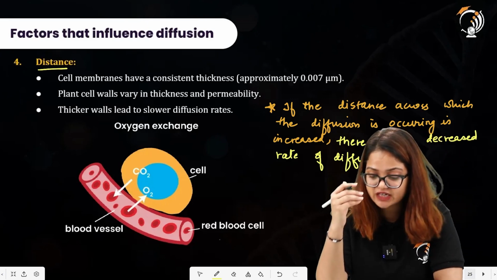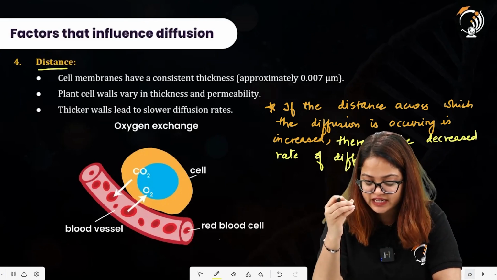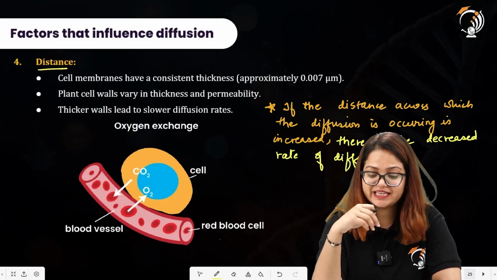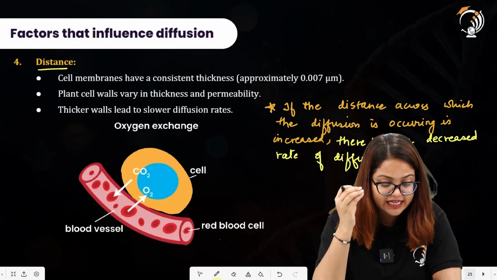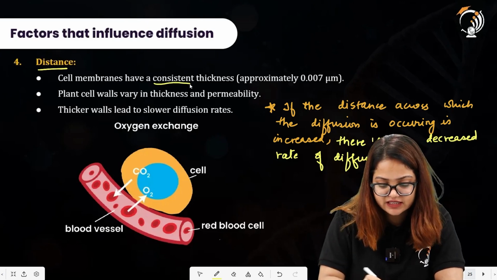Or you can also say, if the distance across which the diffusion is occurring is decreased, there will be an increased rate of diffusion. Now going through the statements here, we have: cell membranes have a consistent thickness.